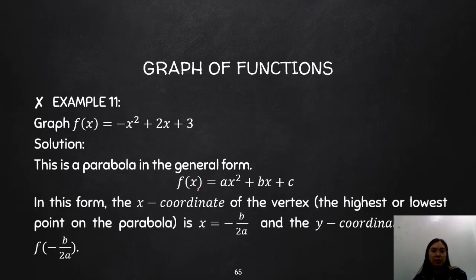So, in this form, the x-coordinate of the vertex, it might be the highest or lowest point of the parabola, is x is equal to negative b over 2a, and of course your y-coordinate is simply the function evaluated at that x. That's how you actually get them.